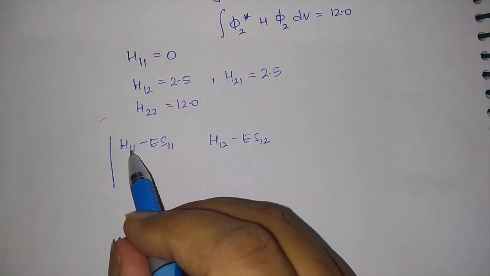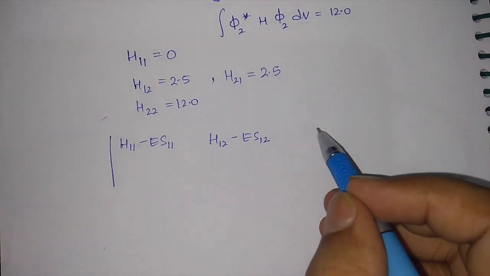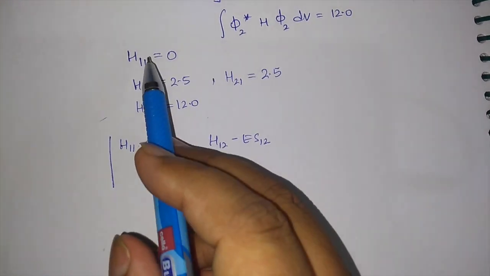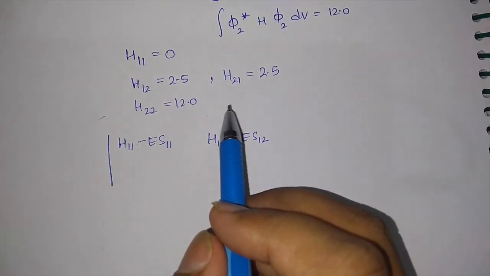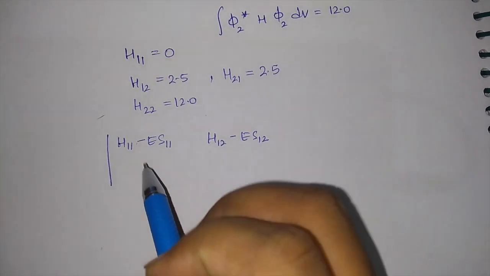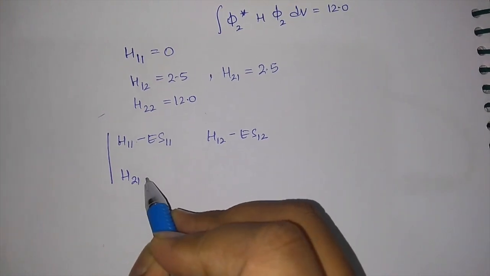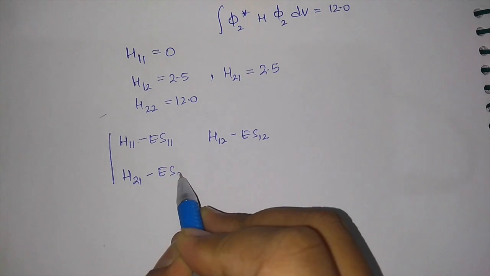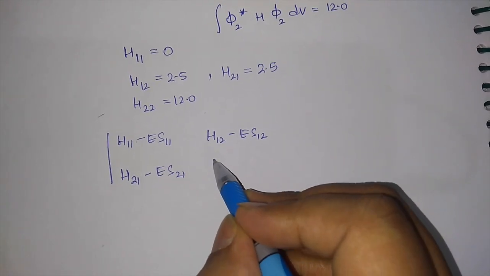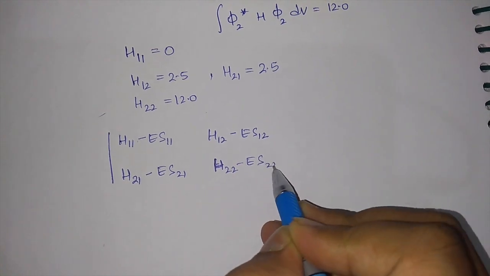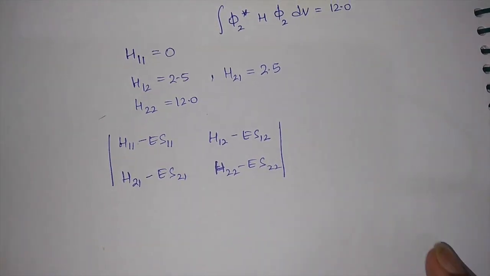If you had a third term, it would be H13 minus ES13, and so on, but we just have 11, 12, 21 and 22, so we have a 2 by 2 matrix. So I'm just going to write the four terms only: H21 minus ES21, and then H22 minus ES22. So this is the determinant which we have got.